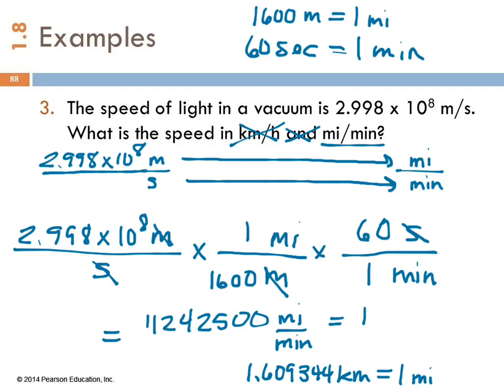So that would be equal to what? 1,609.344 meters. So if we used that, we'd have 4 sig figs. But because we use this one, we don't. So it'll end up being 1.1 times 10 to the 7 miles per minute.